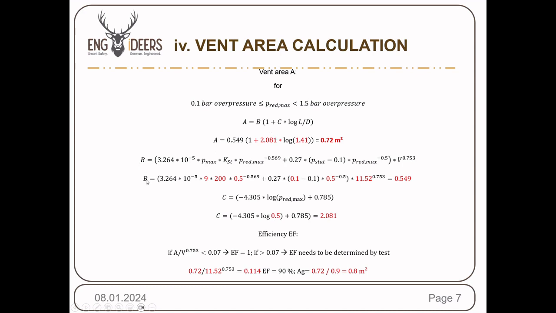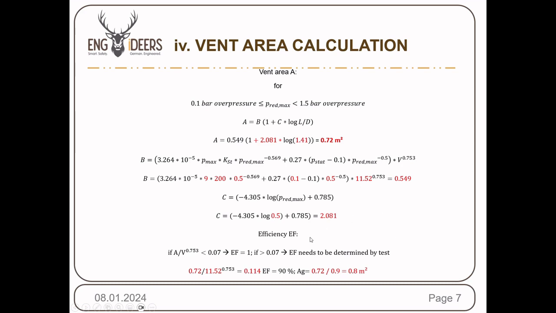That's why we need to calculate B and C first. Doing this, we get in the end certain values which we use here, and then the total vent area calculated is 0.72 square meter, geometric wise, which we need to install on the dust collector.